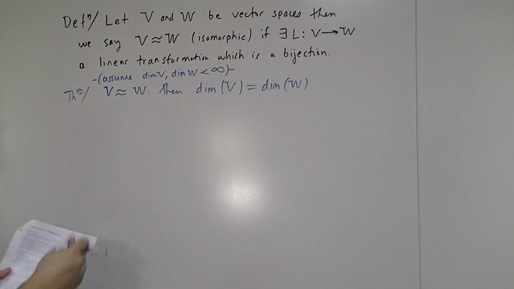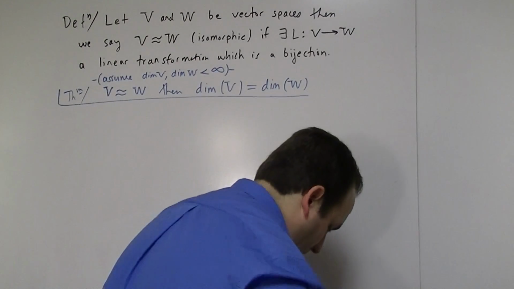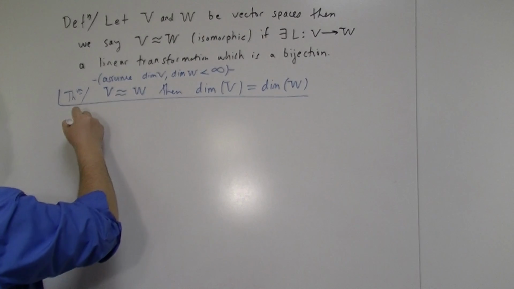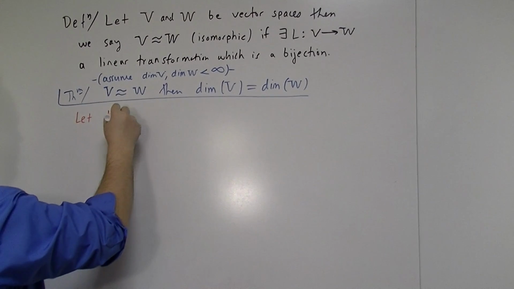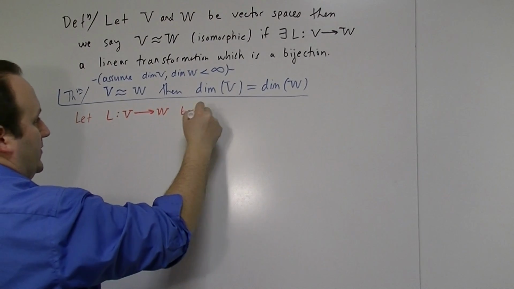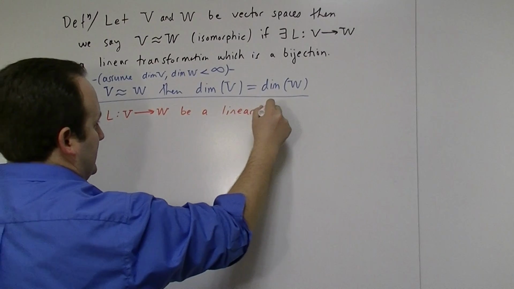But that said, here it is. So let L from V to W be a linear bijection, as we're assuming exists.